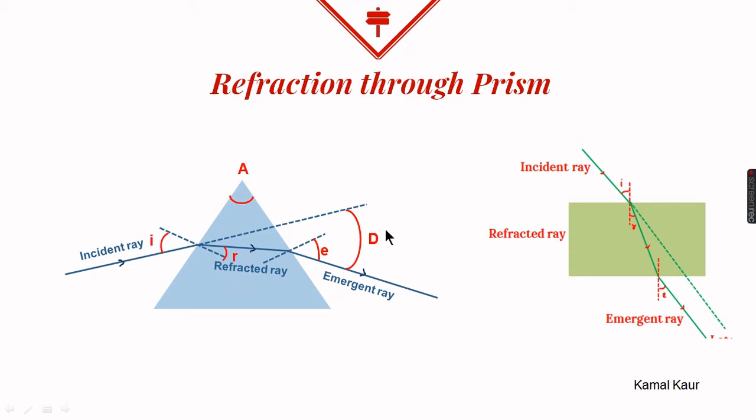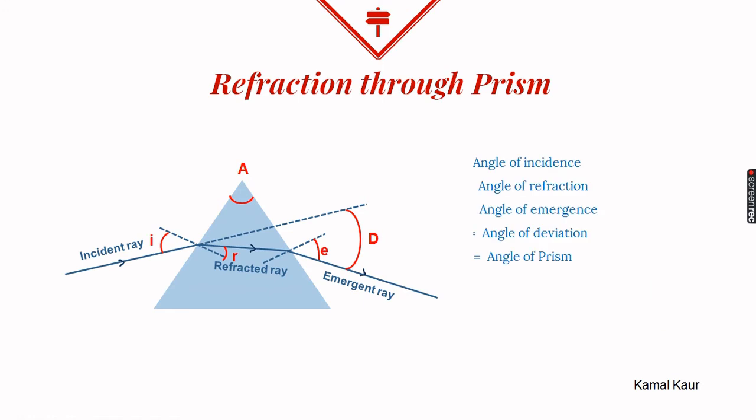The cause of the angle of deviation in the prism is that the two surfaces where refraction has taken place are inclined at an angle. But in the case of a glass slab, the two surfaces at which refraction has occurred, this surface and this surface, are parallel to one another. Therefore there is no angle of deviation, or the angle of deviation is 0. The rays are parallel and there is slight lateral displacement.